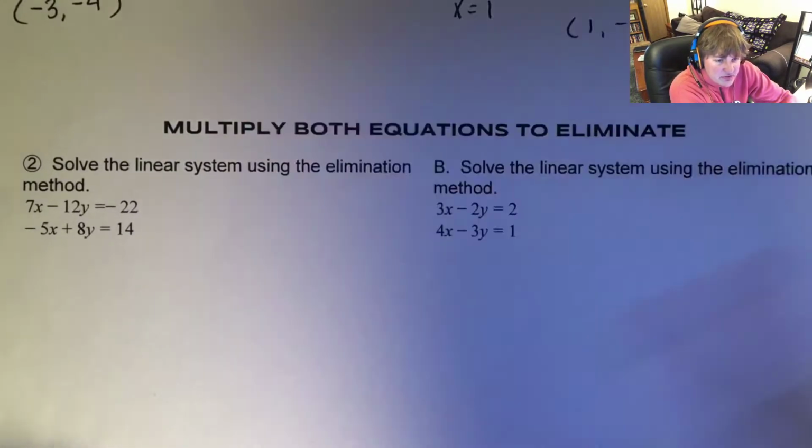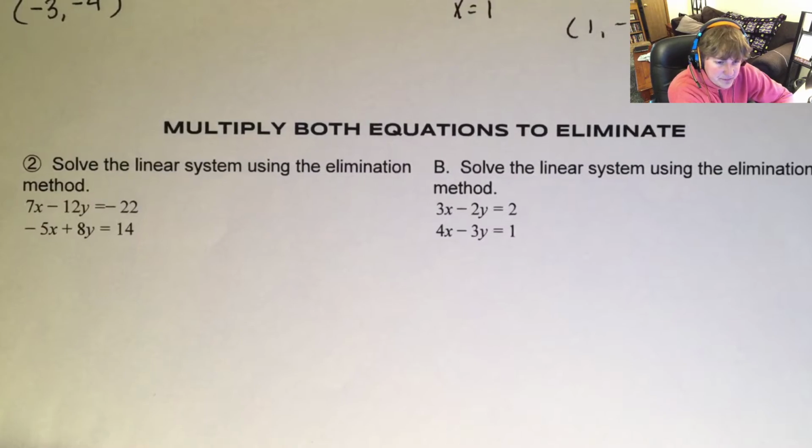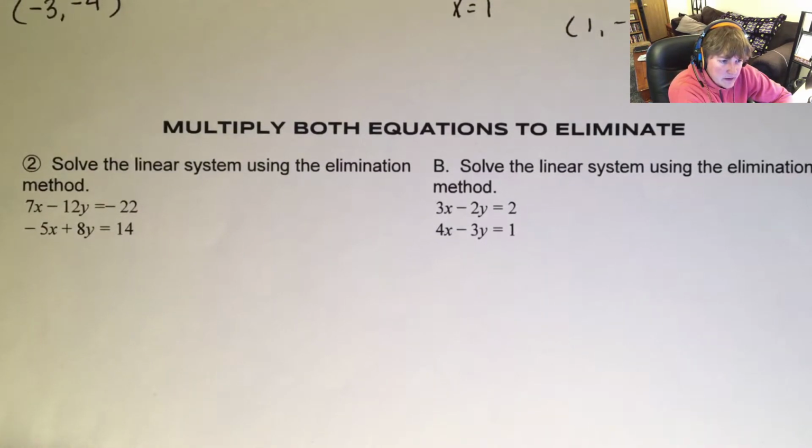And so sometimes you're just going to have to multiply both equations. Okay, now there isn't necessarily a wrong variable to pick again. Often there's easier ones, but you just have to figure out what's going to work for you.